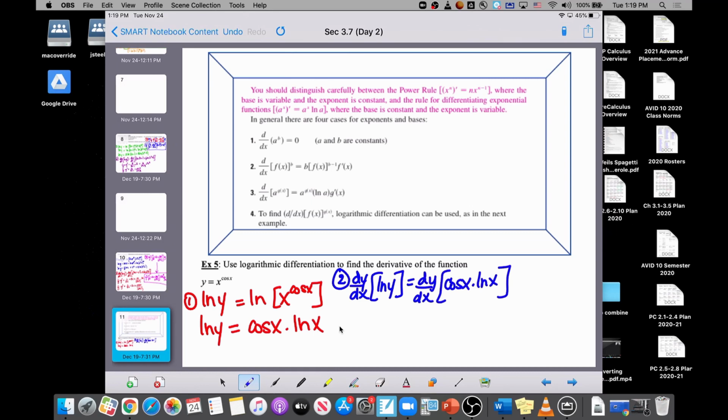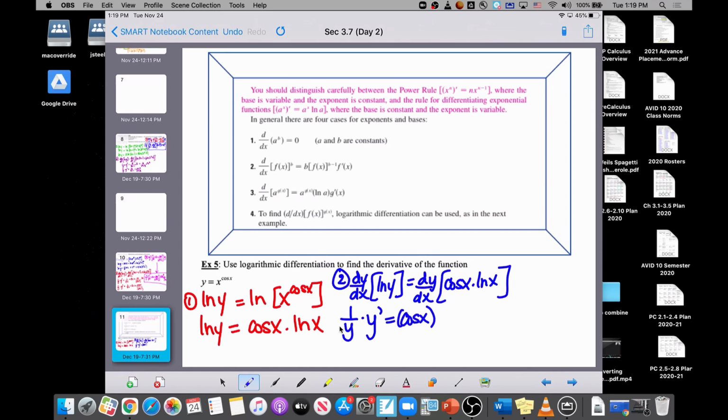So on the left side, the derivative of natural log y is going to be 1 over y times y prime, just like it has been in our previous examples. And then on the right-hand side, we have to do the product rule, because we've got a product, cos x times ln x. So first d second plus second d first. Cos x is first.